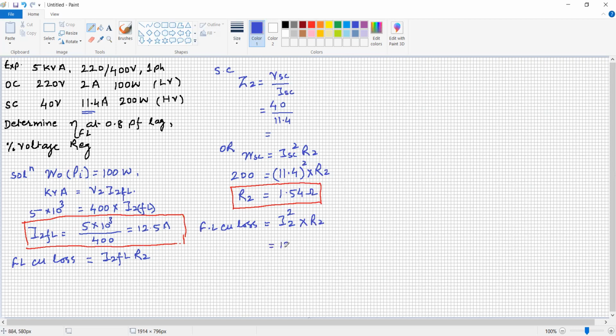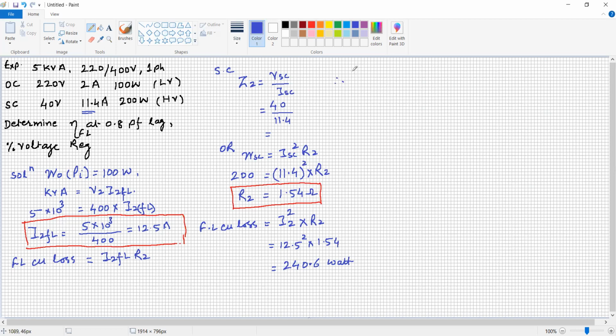So it is 12.5 square multiplied by the resistance 1.54. So the full load copper loss is 240.6.